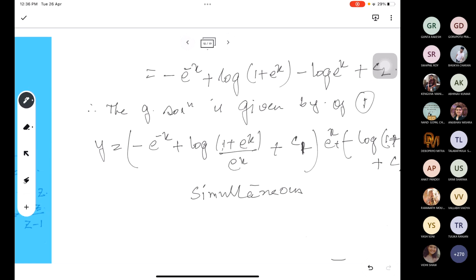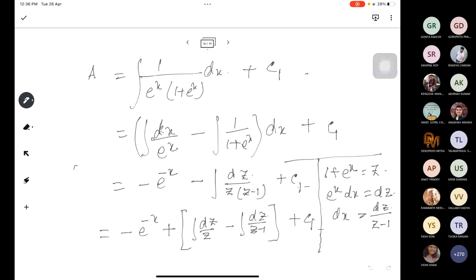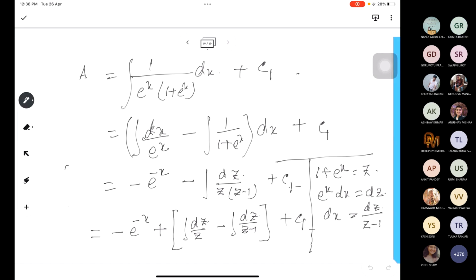Because here you have A equal to something with W in the denominator, and B is equal to R by W. So W is not equal to 0. If W is equal to 0, then your solutions are not linearly independent, so you cannot find the general solution of equation 1.